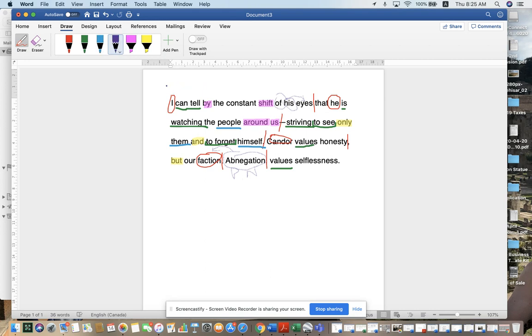So this long sentence has one direct statement, and I don't know if I can show it to you visually here. It goes all the way to our line. And then it has another indirect statement right here. So we got two sections, and this dash is there for dramatic purposes.